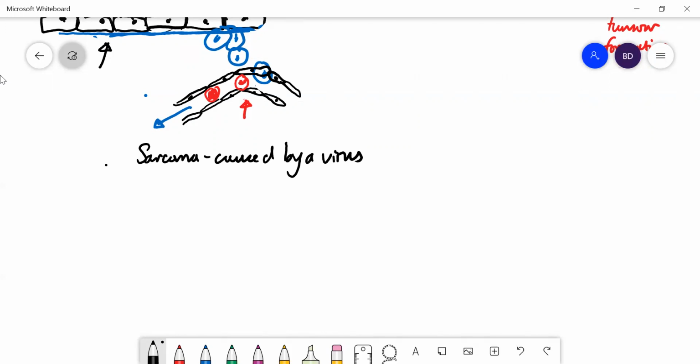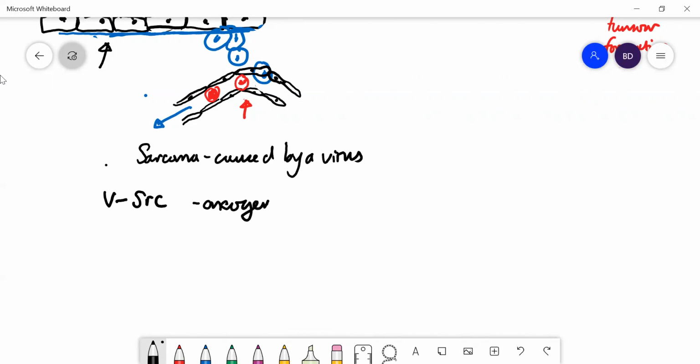But let's talk about this virus called sarcoma virus, which affects fibroblasts in chickens and makes the cells grow out of control. When they looked at the genes, they found there was a gene, which they called SRC, and they called it v-src. This was an oncogene.